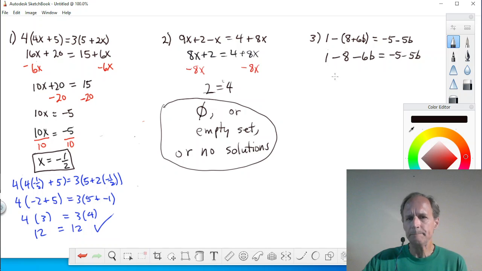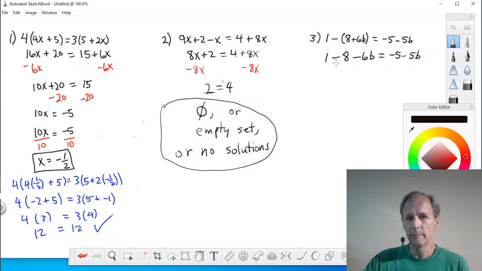Okay, so are we ready to go ahead and do the steps to solve, or is there more simplification? Okay, we have 1 minus 8. Well, those are just both numbers. We can combine those. Those are like terms. So you've got to combine all the like terms to get it to a state where you're ready to solve it.